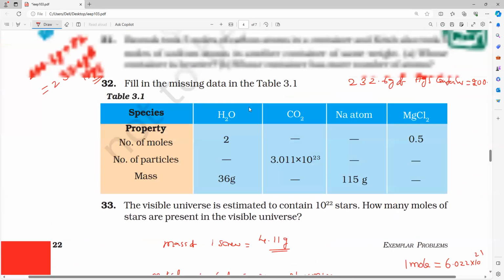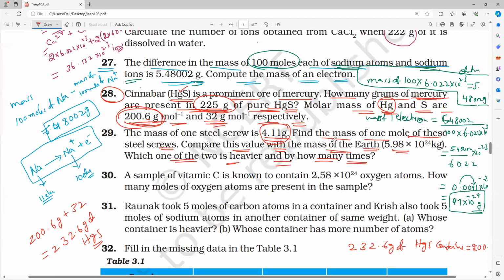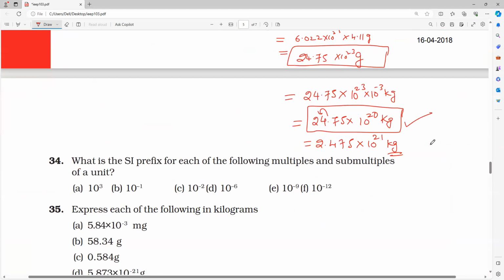Now what is the mass of the earth given? 5.98 into 10 power 24 kilograms.